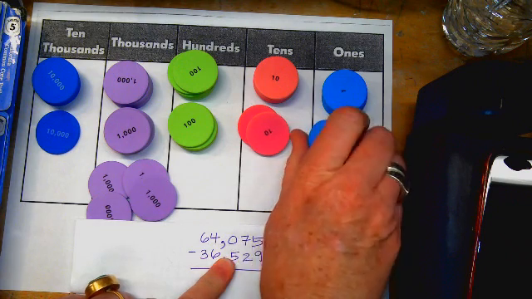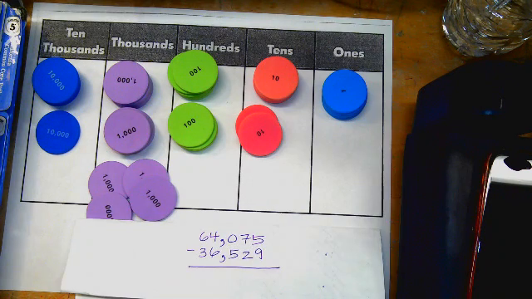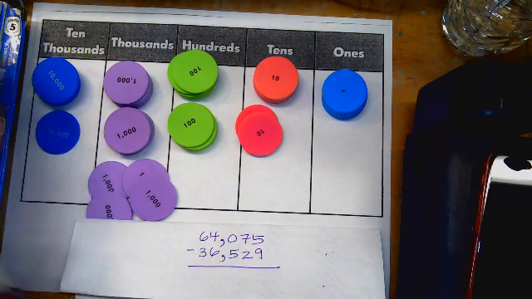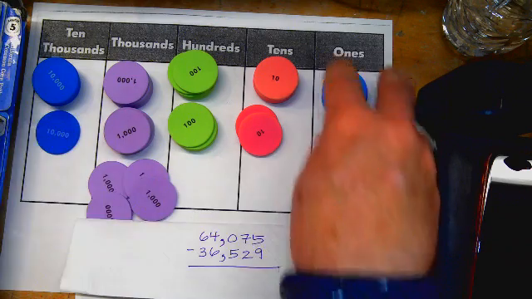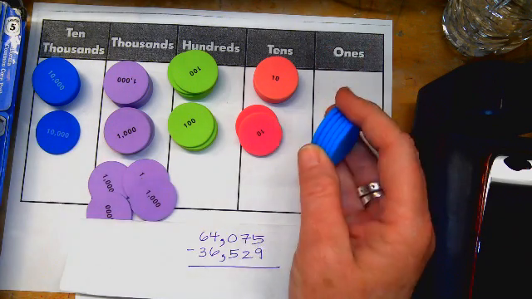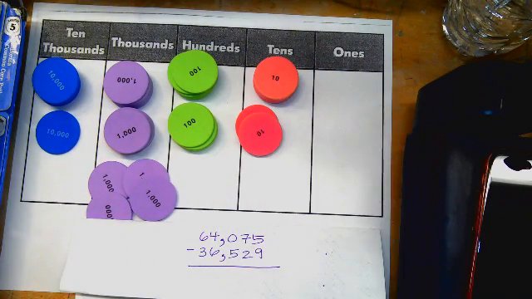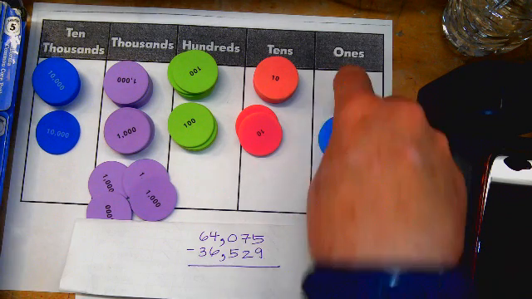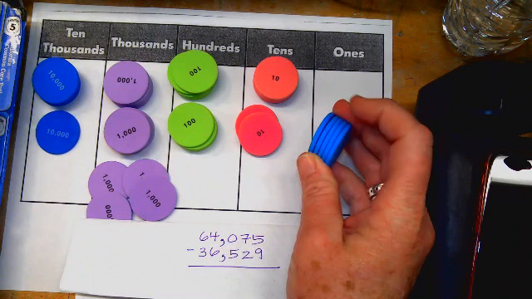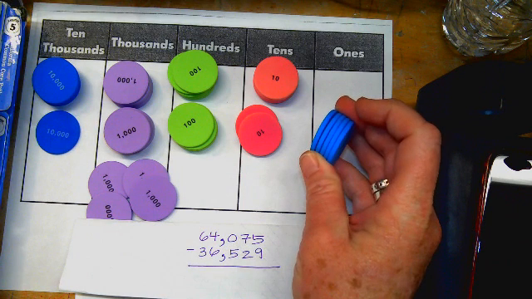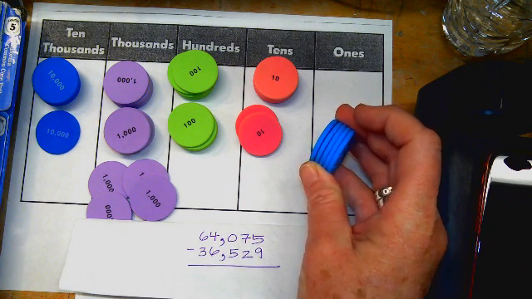So if I start out, right over here I have 5 minus 9. So I'm going to go ahead and take my 5 right here. Can I take 9 away from that? No, I can't, because I need to have at least a number that's larger than 9.